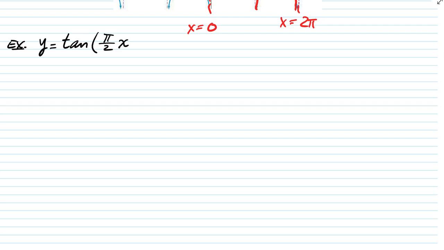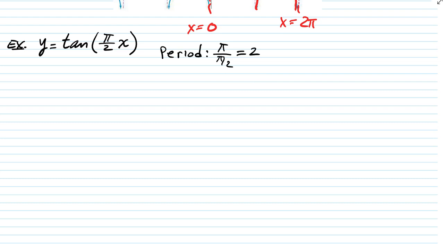So let's suppose we do tan of pi over 2x. Again, the formula for the period is pi divided by the coefficient on x, which for this one is pi over 2. So the period is 2. You can invert pi over 2, you get 2 over pi. That's how you get the 2. All right, so period is 2.